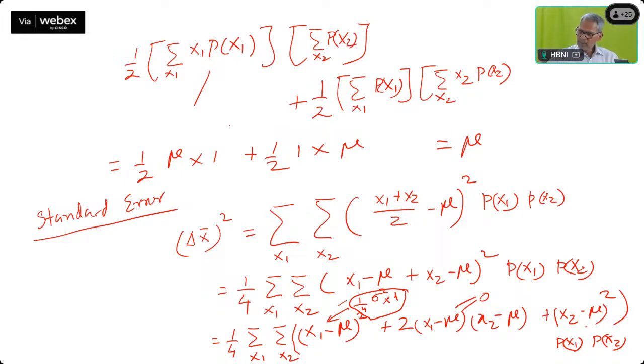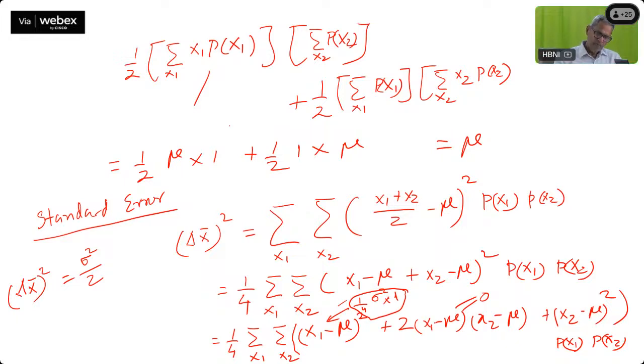So you have two terms. Similarly here one term. These two terms will give you delta x average square is equal to sigma square by 2.